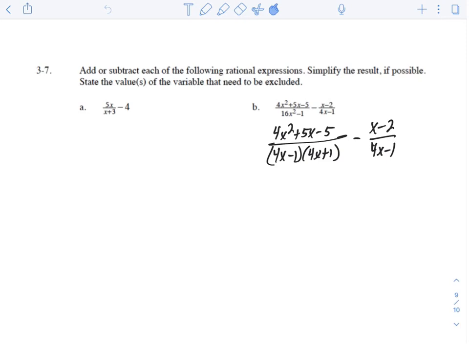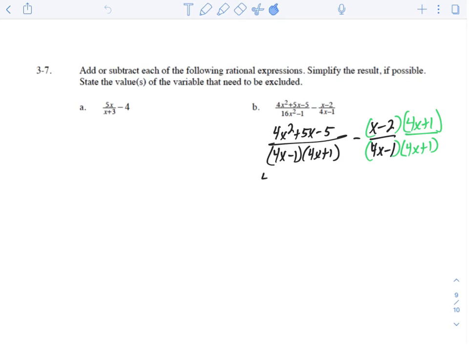The denominator is the difference of two perfect squares, so that factors into 4x minus 1 times 4x plus 1. I need to now get a giant 1. So the second rational expression does not have a 4x plus 1 in it, so I'm going to multiply by 4x plus 1 over 4x plus 1.